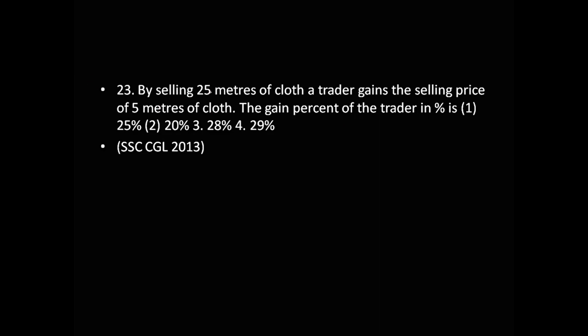Next is, by selling 25 meters of cloth, a trader gains the selling price of 5 meters of cloth. So the gain percentage of the trader. It's a simple one. So what's his profit? By selling 25 meters, he is getting a profit of 5 meters, right?